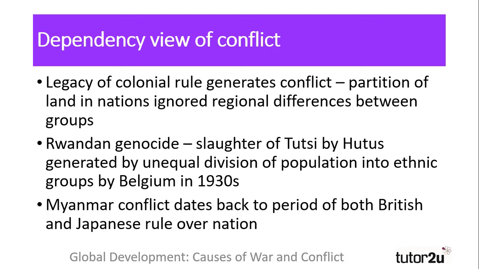One such example of this was the Rwandan genocide, where the minority Tutsi was slaughtered by the Hutus as a result of a rivalry dating back to the Belgian partition of the region in the 1930s. Similarly, the ongoing conflict in Myanmar dates back to both British and Japanese rule in the 1950s and has led to the displacement of almost 1 million Rohingya Muslims in the region to refugee camps and an estimated 25,000 murdered by the Myanmar armed forces.